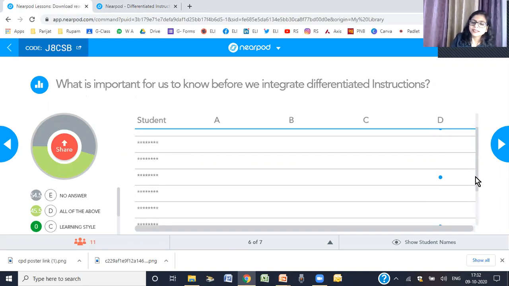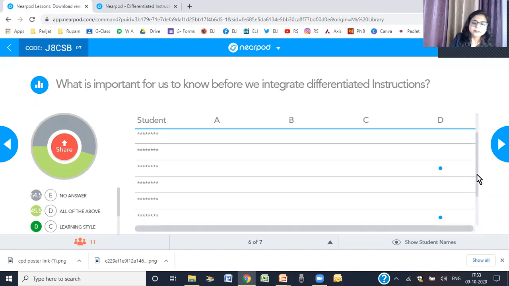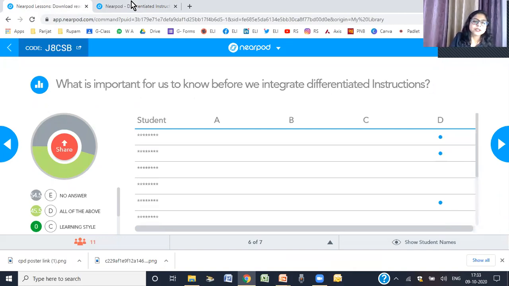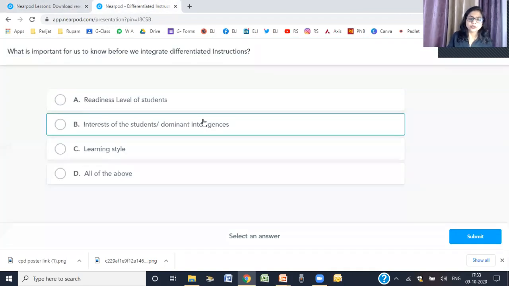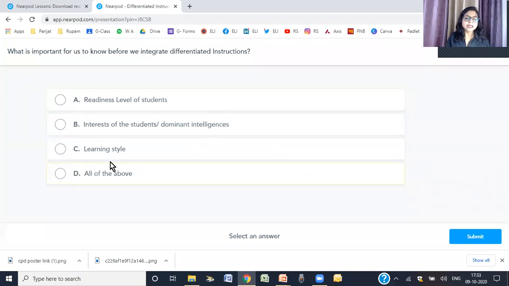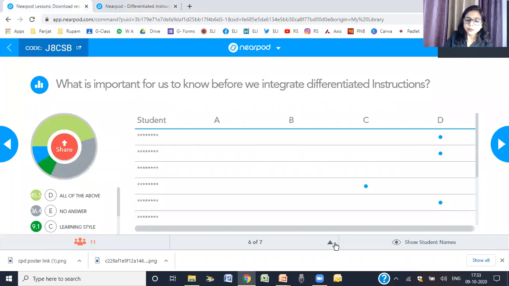All right. Everybody has answered as D, and absolutely right. That's correct. All of the above. We need to be knowing the readiness level of the students, the interest or the dominant intelligences, the learning style. So all of this is important for us to know before we do differentiation.